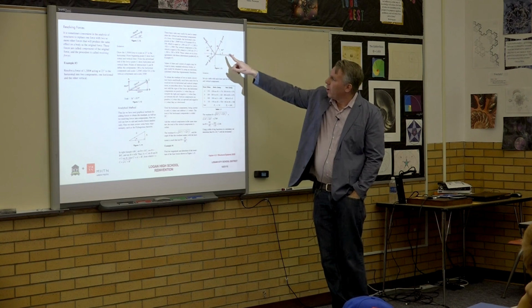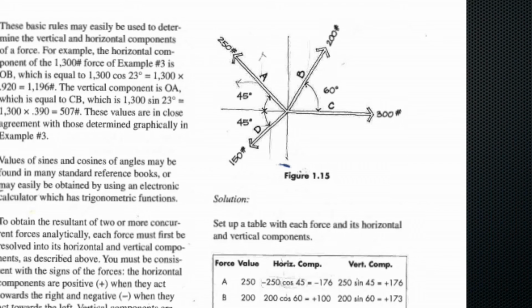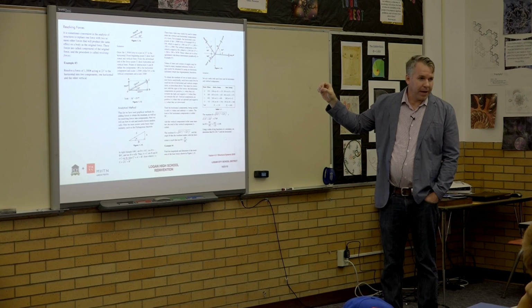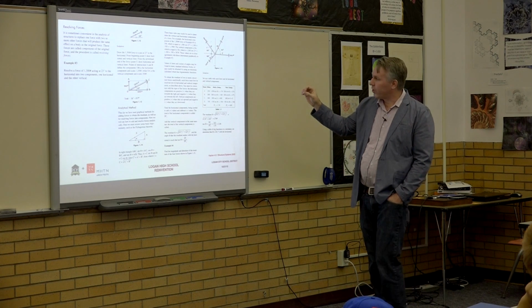Here's another piece where essentially you've got all these forces coming out of the same point, and the question is, if I were to add all those forces up, what direction would one force be, and what would be its magnitude, or how much is it?